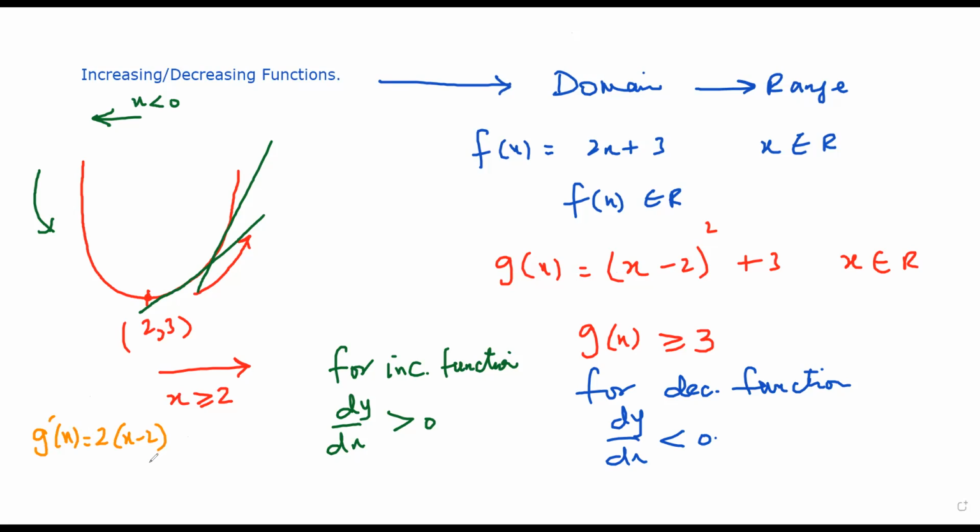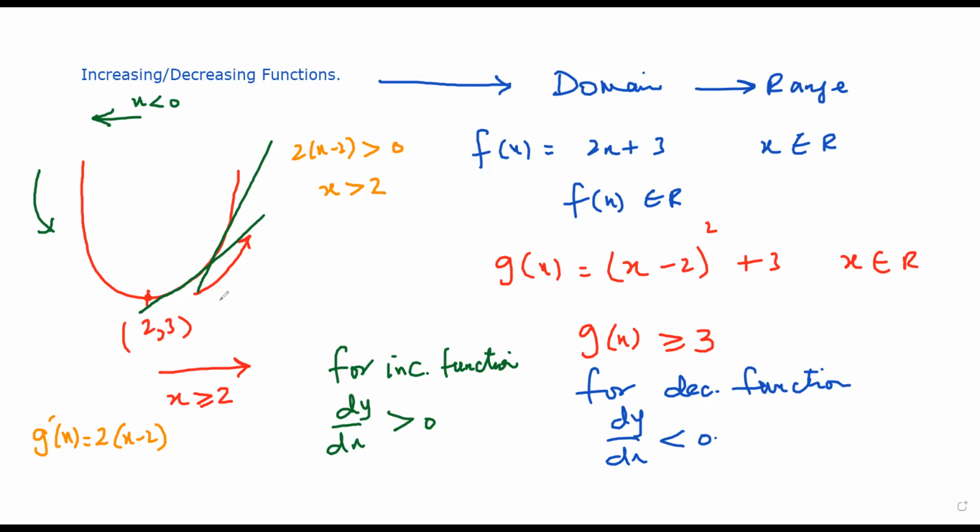If you want to see for what values of x your function is increasing, you put this derivative, 2 into (x minus 2), greater than or equal to 0. And you will see that the solution is x greater than 2. That is what I was telling you.